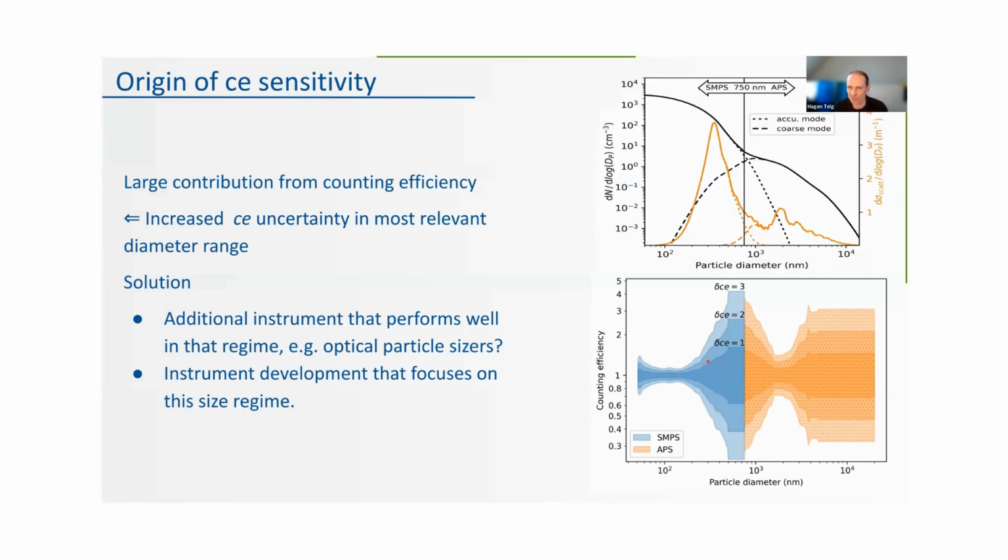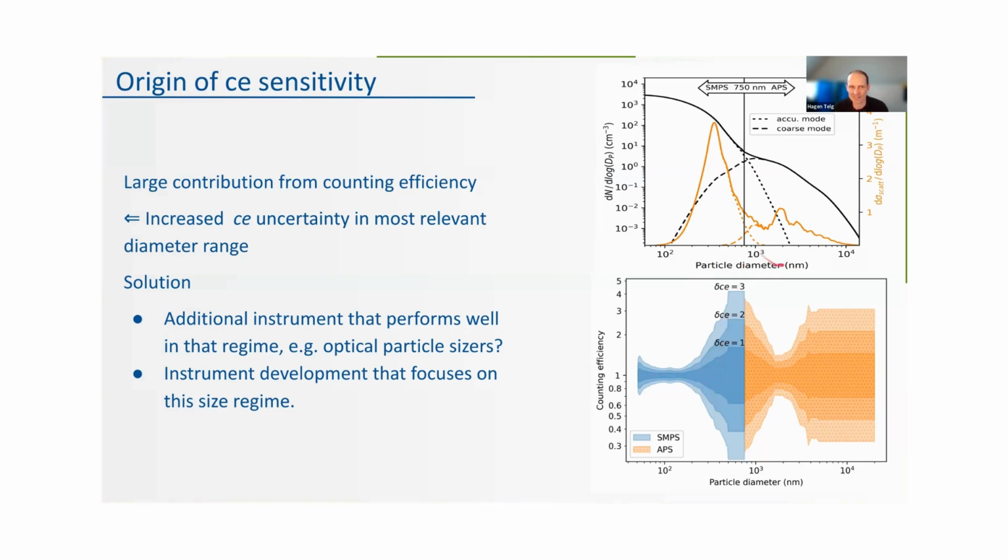And so if I now plot the scattering coefficient as a function of diameter, then you will see that particularly for the accumulation mode, most of the light that is scattered coincides with this increased counting efficiency uncertainty, which is quite unfortunate.